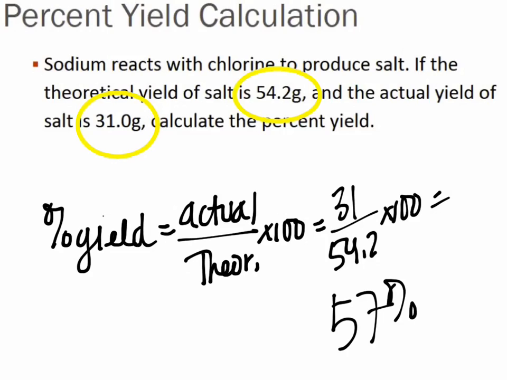One of the things, too, is you might get a professor who says your grade is based on your yield. So if you got a professor that says your yield was only 57%, it depends on your professor and how they're grading.